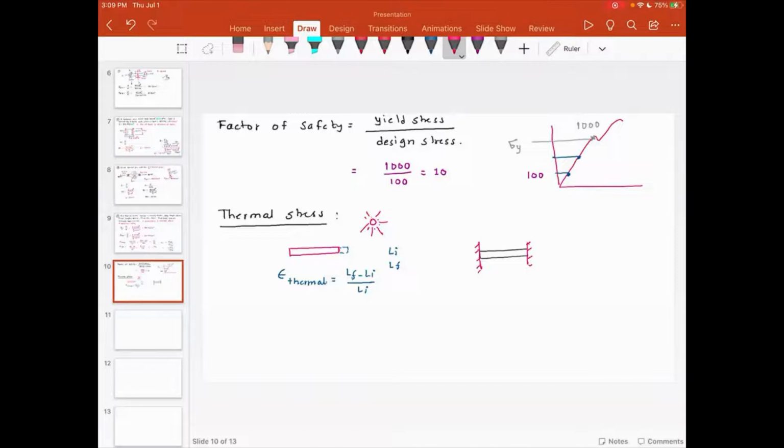They do not let it stretch. And because of that, there is a thermal stress. And this thermal stress is nothing but the Young's modulus multiplied by the thermal strain. So this is Young's modulus.